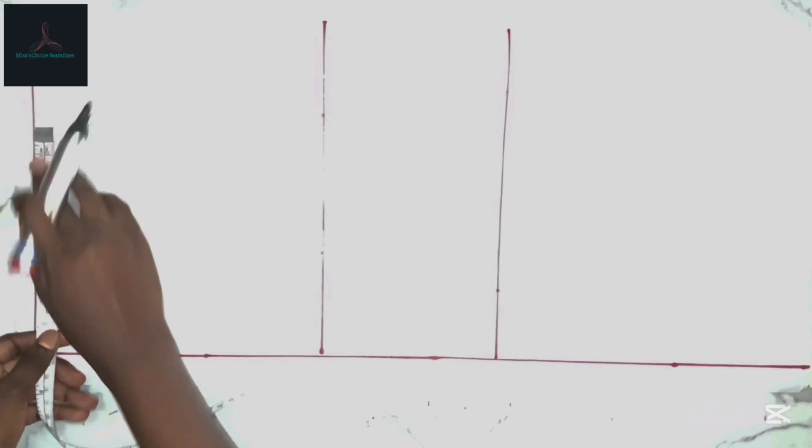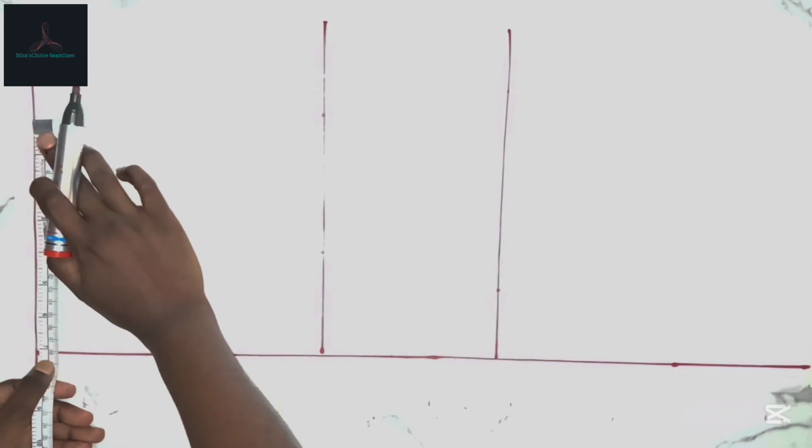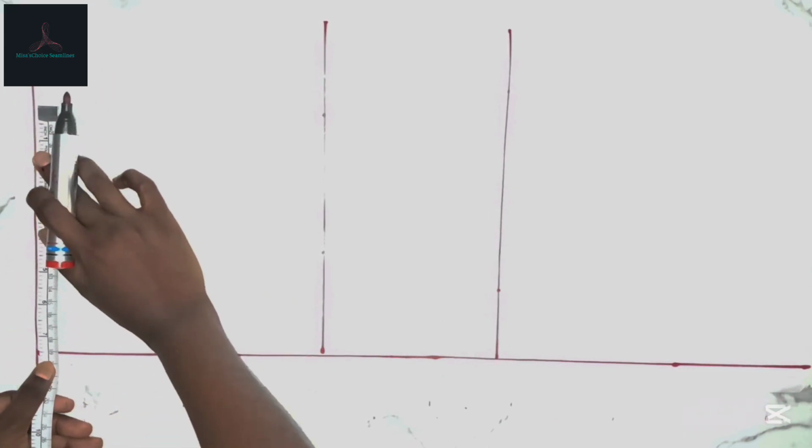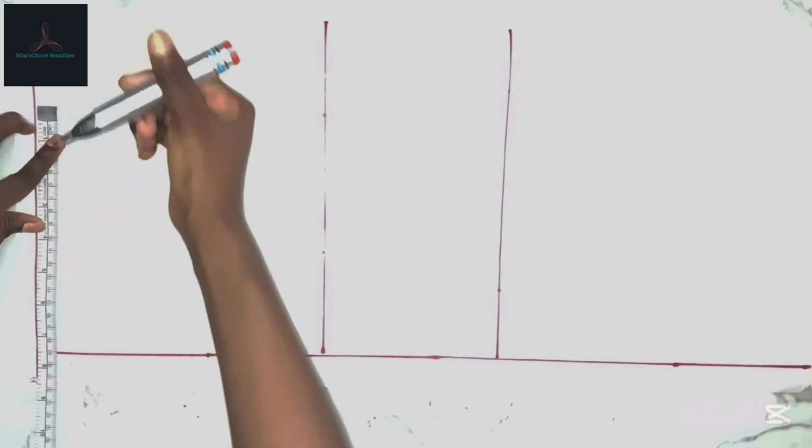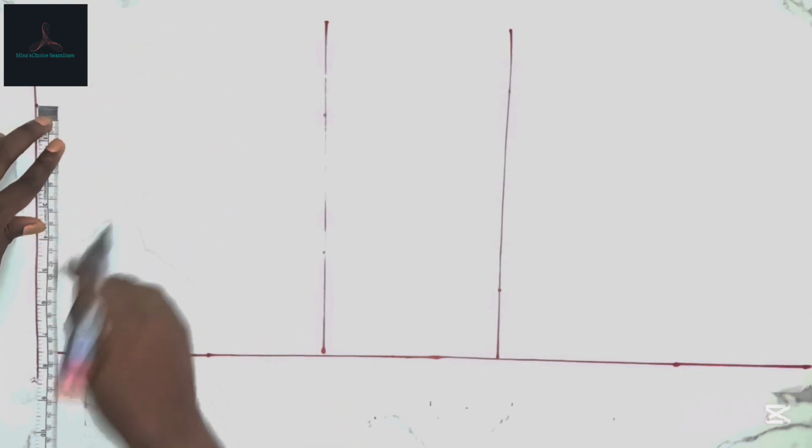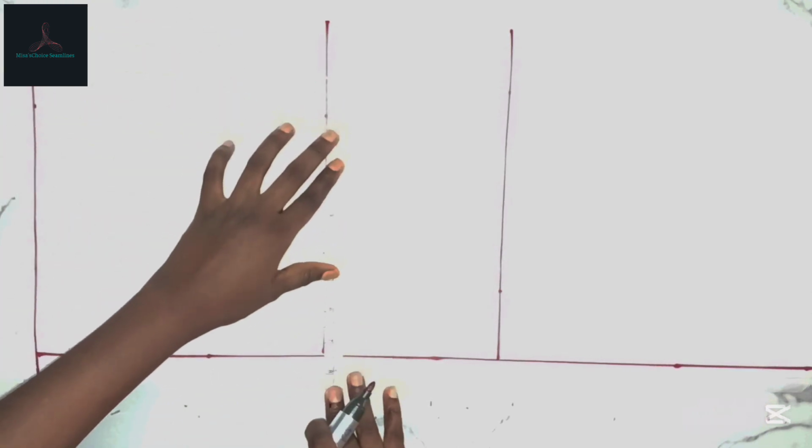I am going to take my shoulder measurement divided by 2 here and also on the chest line.